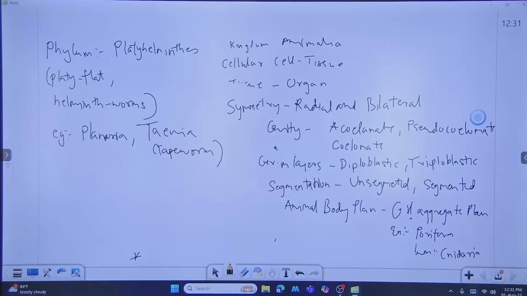Animals like Ascaris show dimorphism. Male and female are separate. Usually the female is longer and broader and has a straight posterior end. Male is shorter and narrower and has a curved posterior end with a pair of penial setae for copulation. Fertilization is internal. Development may or may not include a larval stage.